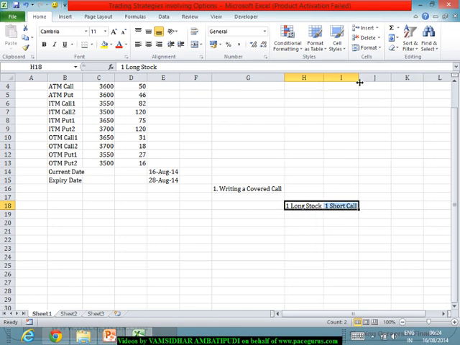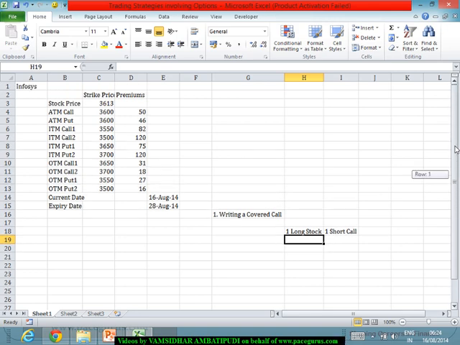Now, if I had gone long on the stock right now, it is assumed that I am purchasing the share at 3,613 and I have sold a call option.